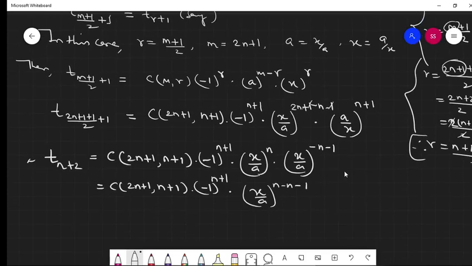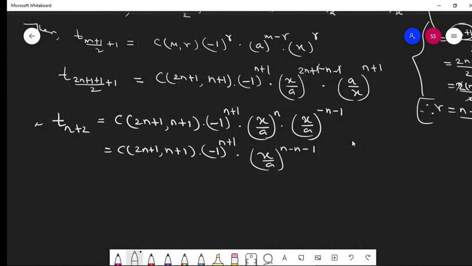And the next step, dear students: 2nC(n plus 1), minus 1 to the power n plus 1. Then the negative power means reciprocal, so x by a to the power minus 1 becomes a by x.